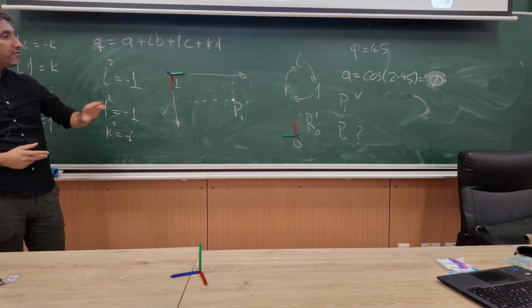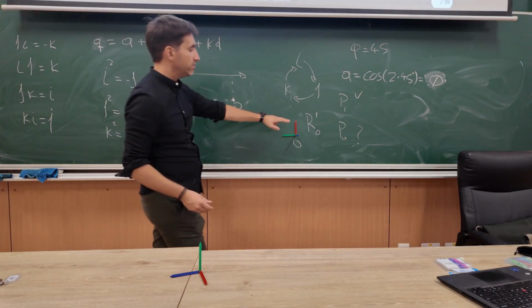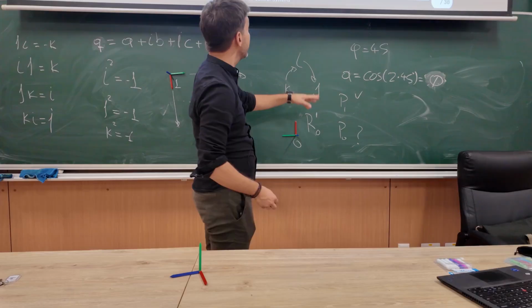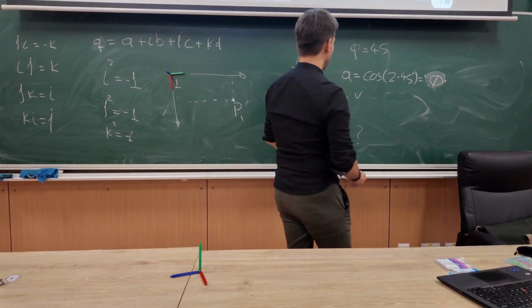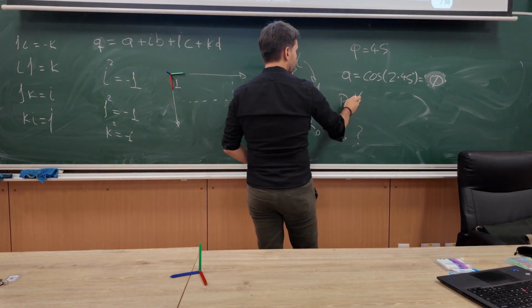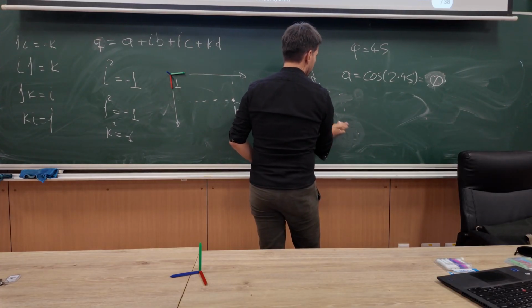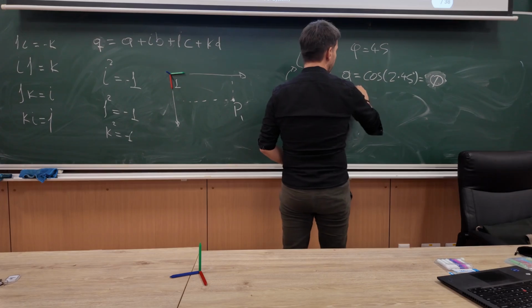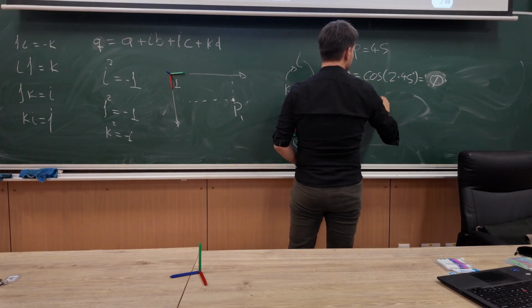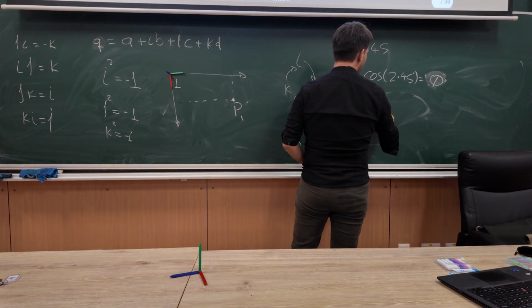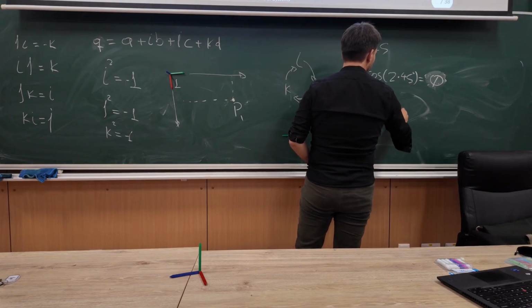Good. If I know this transformation, in this case R01, I can do this multiplication. Sorry, I'm running out of space here. So I can calculate P0 as the multiplication of R01 and P1.